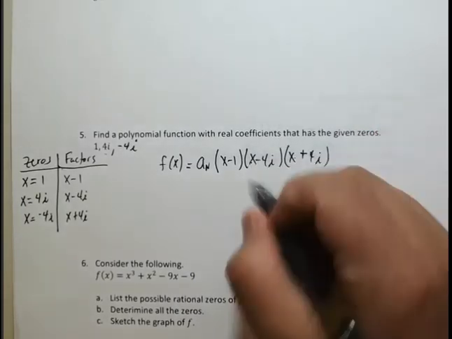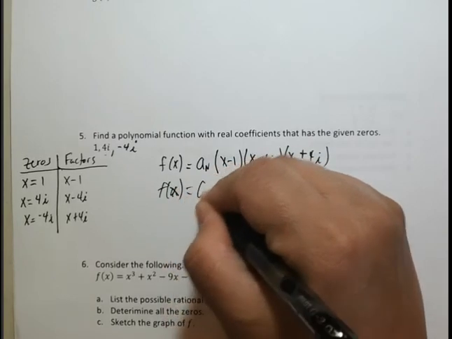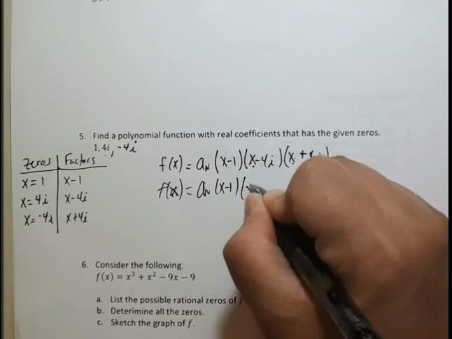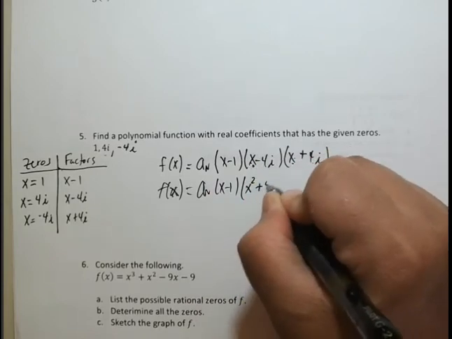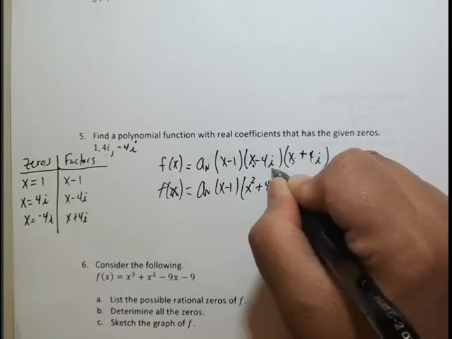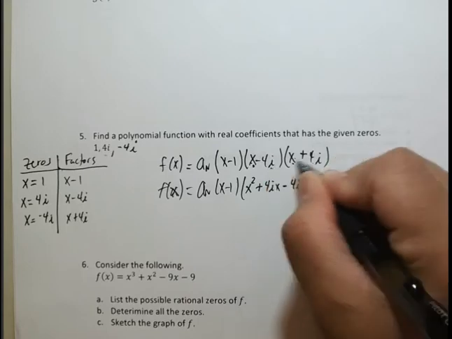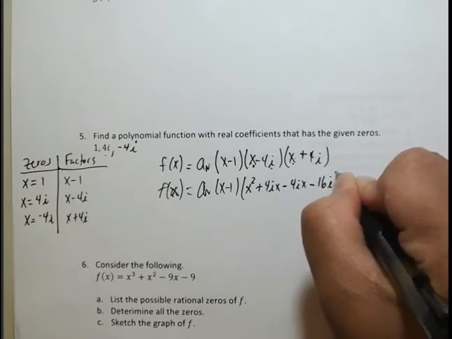X times x is x squared. X times 4i is 4ix. -4i times x is -4ix. -4i times positive 4i is -16i squared.